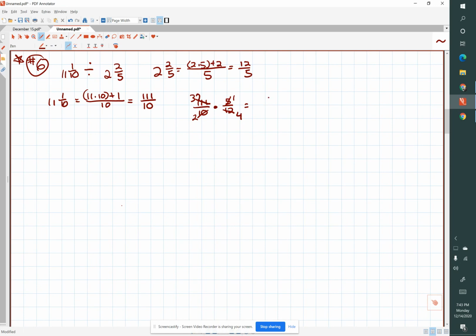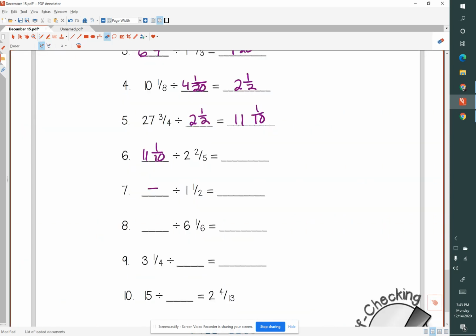So if we multiply across 37, 2 times 4 is 8. Let's convert that to a mixed number. 37 divided by 8 is 4. And 4 times 8 is 32, with 5/8 left over. So that's our final answer, 4 5/8. Let's put that on our paper and get ready for the next problem.